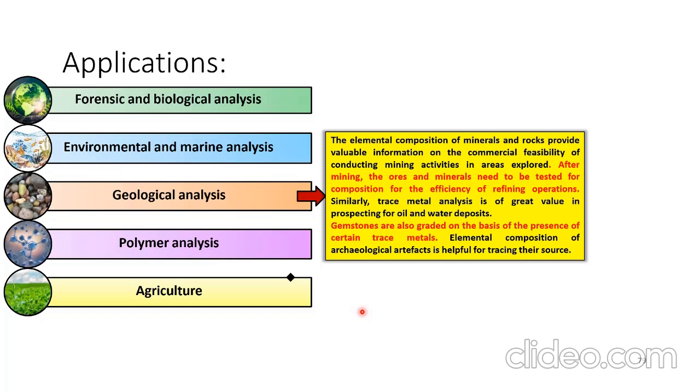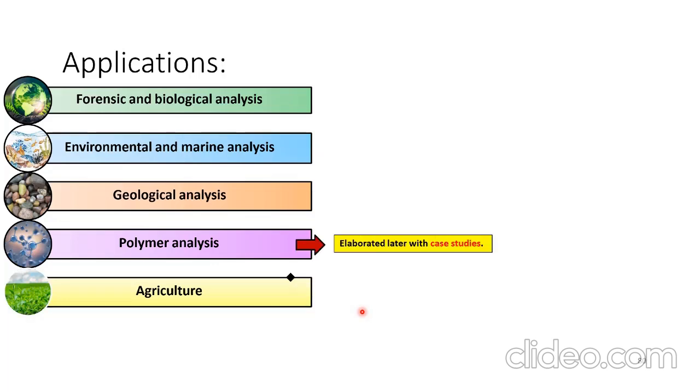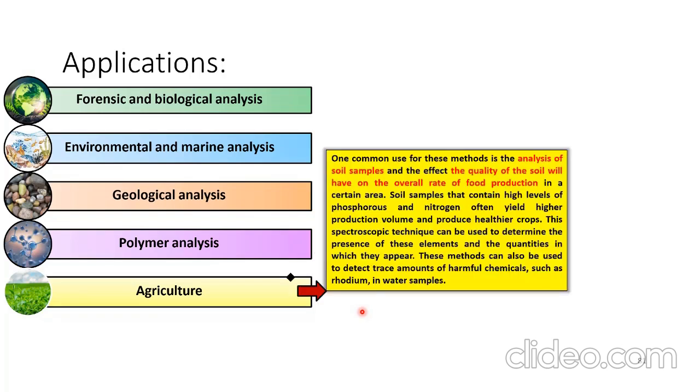Similarly, trace metal analysis, as I have told, is of great value from the perspective of oil and water deposits. Those can be checked, and gemstones can also be characterized on the basis of the presence of trace metals, so their elemental composition can also be checked. Then polymer analysis, which is elaborated in the case studies, and agriculture.